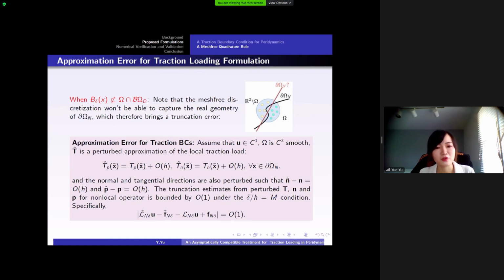meshfree method is going to create some geometric error, and this geometric error is going to introduce an O(1) truncation estimate also for the points near the boundary.